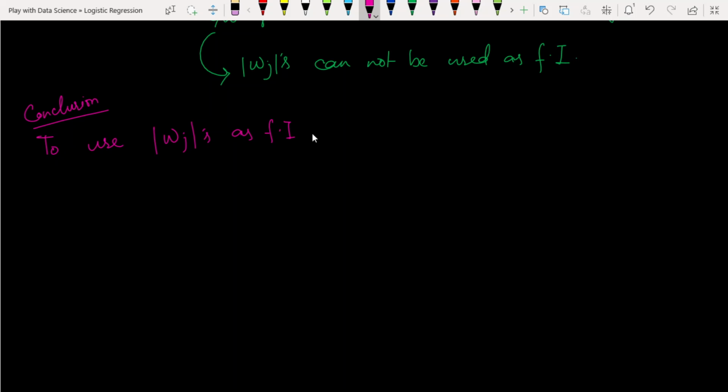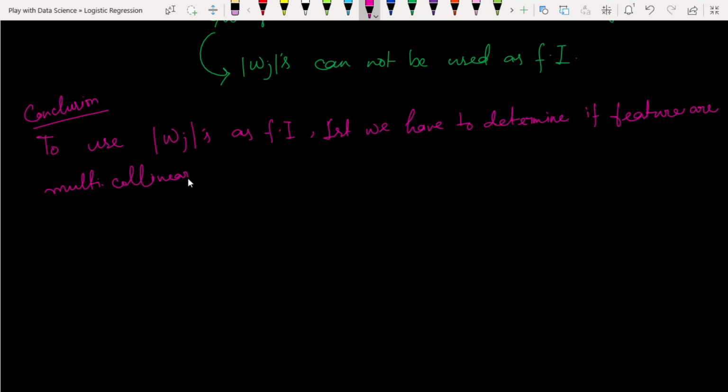If they are multi-collinear, then we cannot use the norm of wj's.